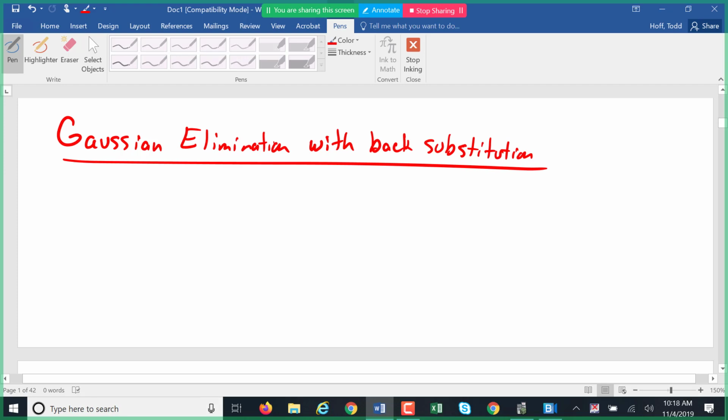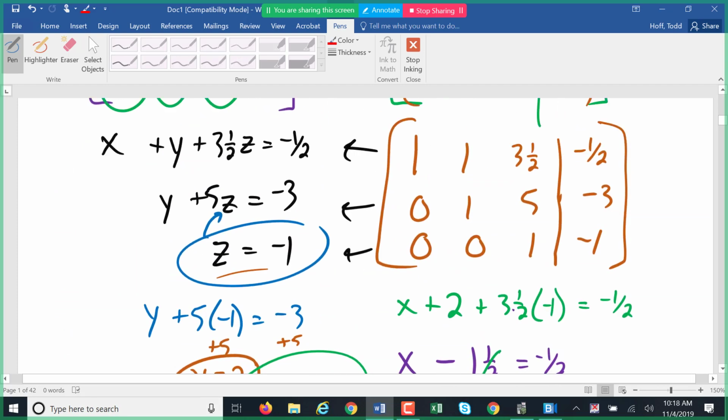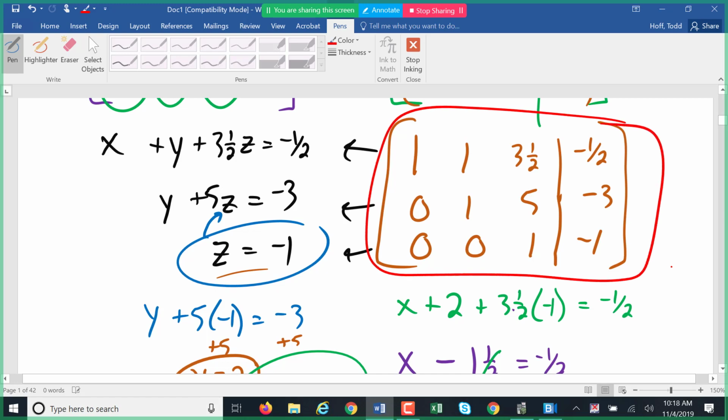Now we could keep going from this matrix here. We could have kept going and we could have avoided having to do the back substitution.